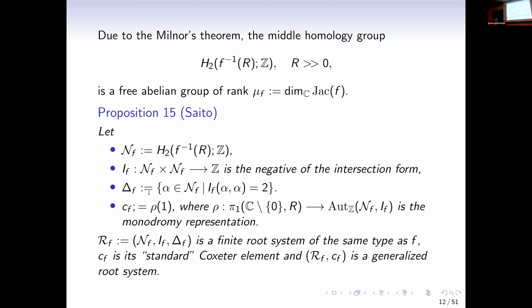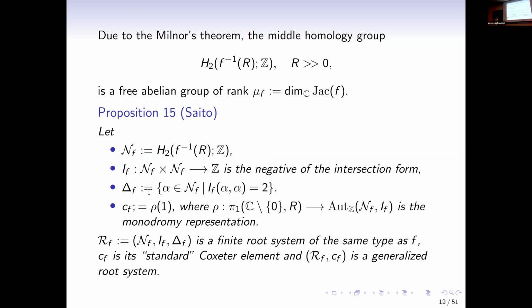And in this case, this will be the standard one, probably what many people know. Anyway, if we choose CF in this way, then the CF is the standard Coxeter diagram.